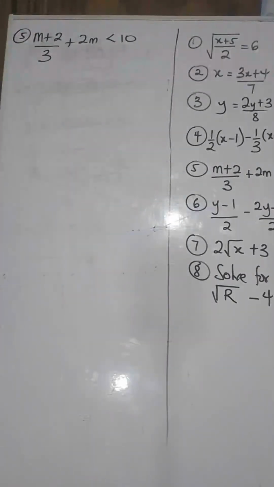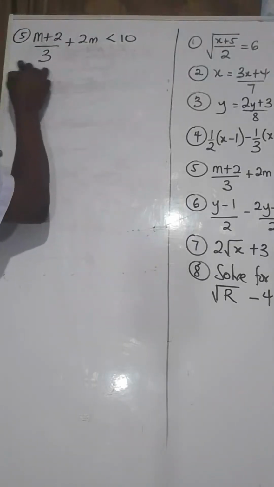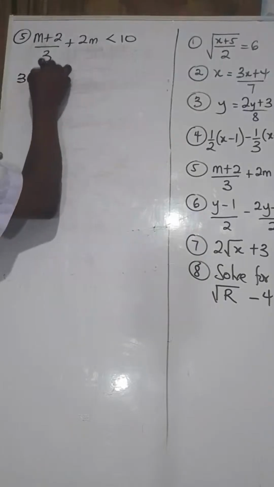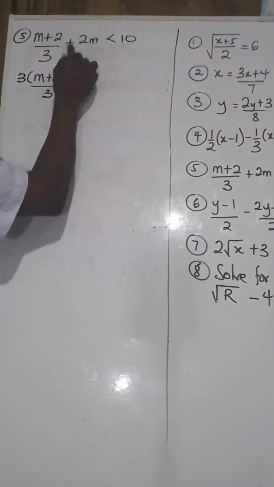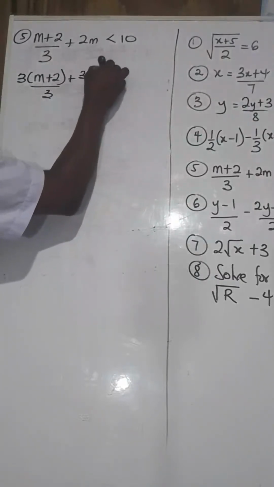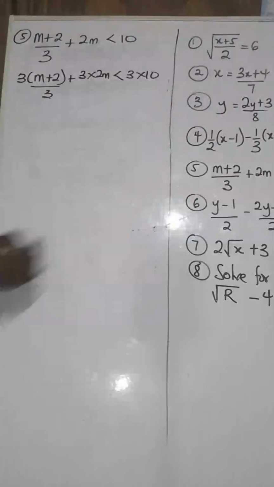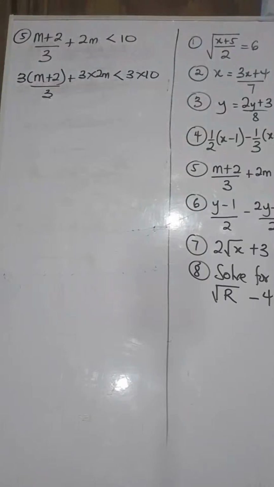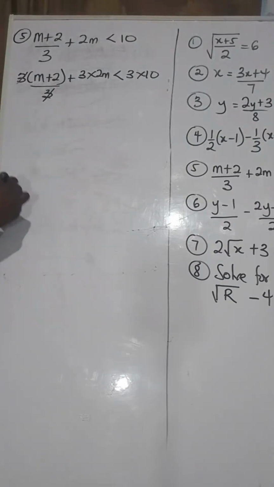So here the LCM is 3, obviously. So we have 3 by m plus 2 on 3, same 3 multiply this to 3 by 2m less than 3 by 10. Right. So with this 3 cancel 3.